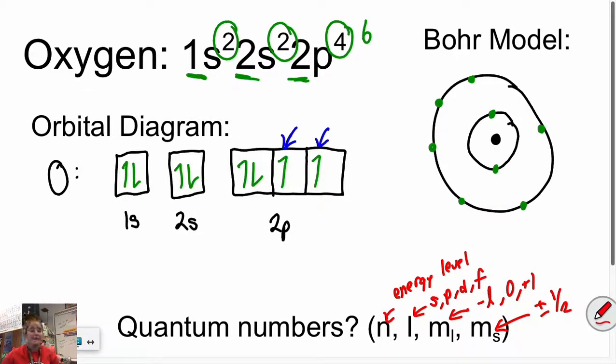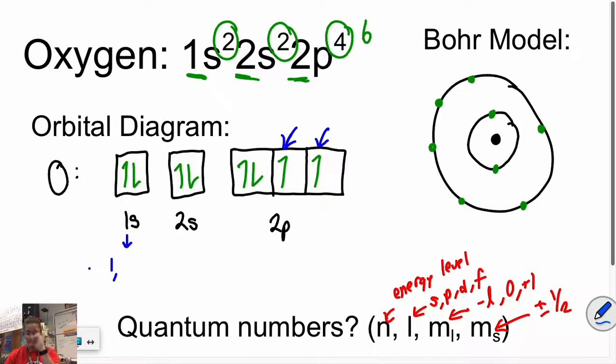Okay, so I'm actually going to go through and assign quantum numbers to every electron in oxygen for you. Okay, so let's start with the 1s electrons. We have 2 1s electrons. They're both in the first energy level, so N is 1. L is which orbital.